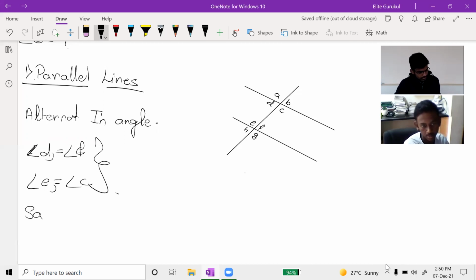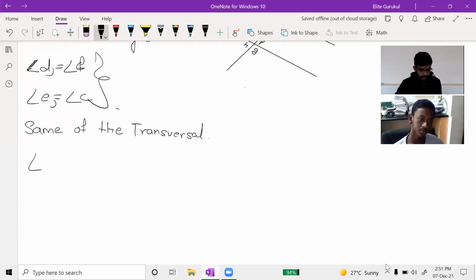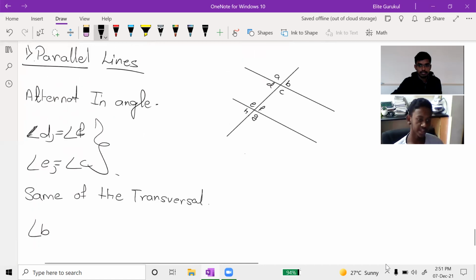Same side. It's quite different. Now tell me what is the property for same side interior angles on the transversal?